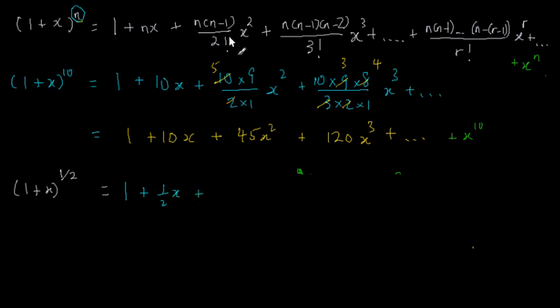And then I just need to substitute half into the n here and here, and I get half times half minus 1 over 2 factorial, x squared, and so on.